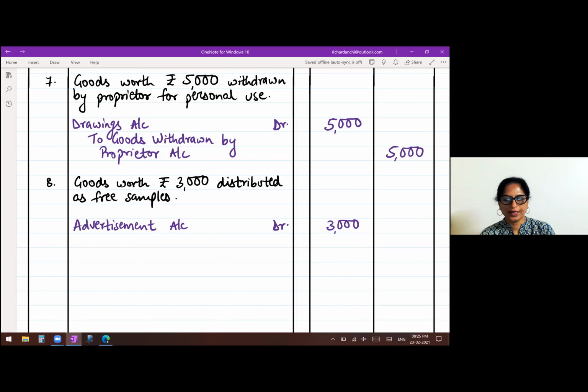Now when you write the credit part again, to goods distributed as free samples account. So again, you get these words from the transaction. To goods distributed as free samples account in the credit column, 3,000.